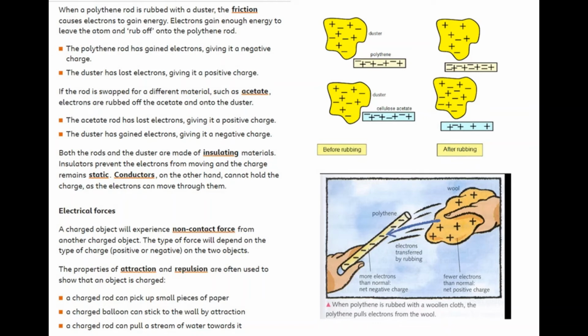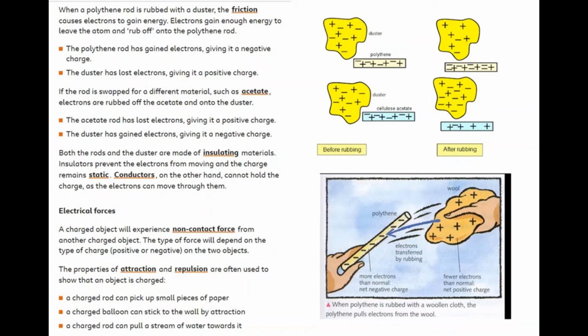Now, a charged rod can pick up small pieces of paper. Small pieces of paper are normally neutral; they are not charged. But inside that paper, you've got atoms, and inside those atoms, you've got positive protons and neutral neutrons, and you have negative electrons.